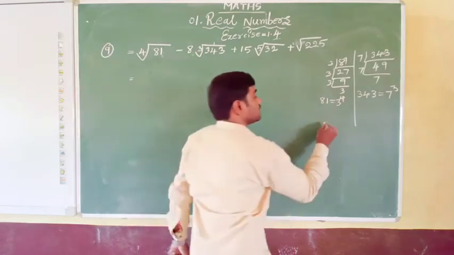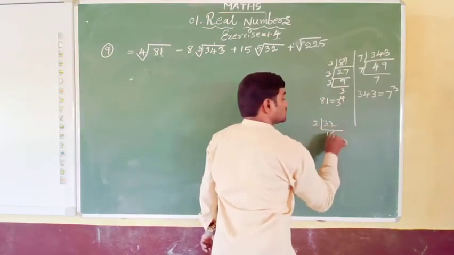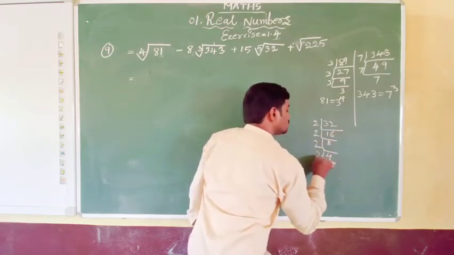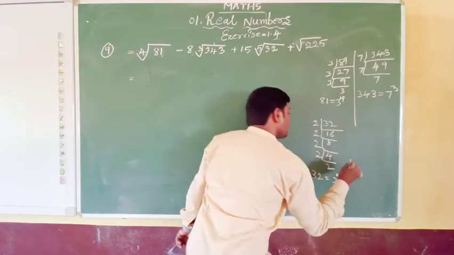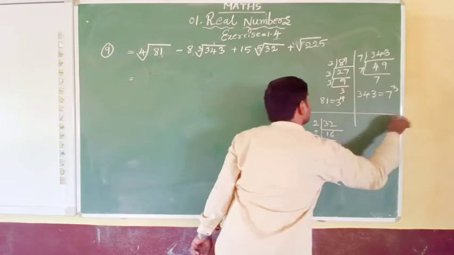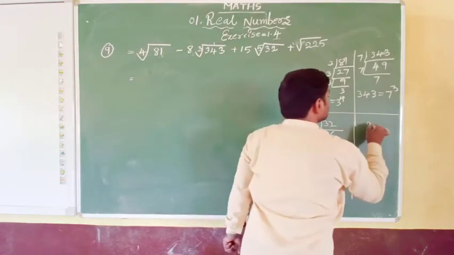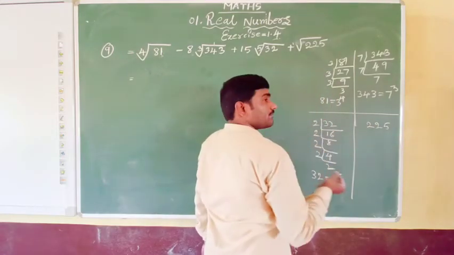Here 32: factorizing 32, 2 16s are 32, 2 8s are 16, 2 4s are 8, 2 2s are 4. That means 32 we can write as 2 to the power of 5. And the last one, 225. Which square is it?